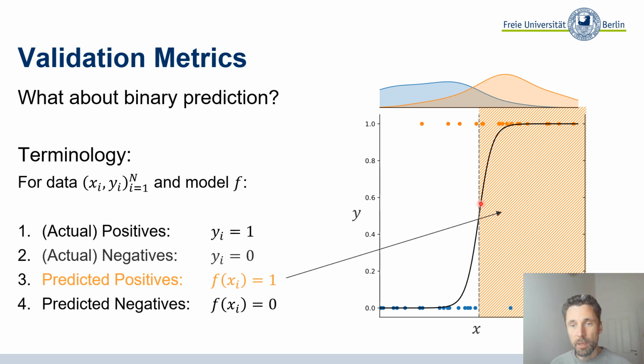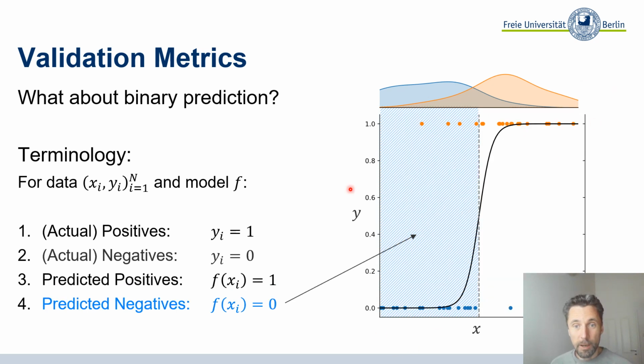So this would be in this region, and the predictions of data points belonging to class 0 are here. So all x's below this marked 1 here will receive a prediction of 0.